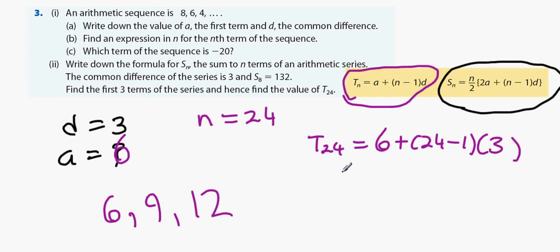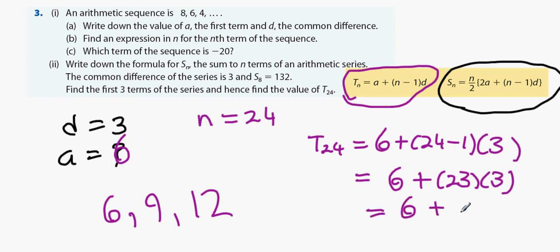So it's going to be 6 plus 23 times 3, and 23 times 3 is 69. So 6 plus 69 equals 75. So T24 is 75. The 24th term of the sequence is 75.